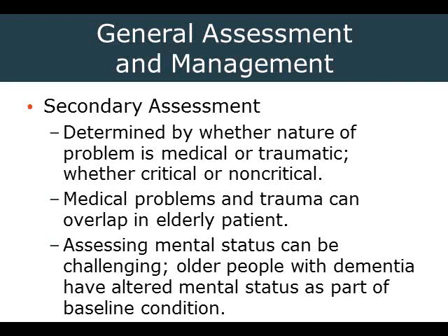Medical problems and trauma can overlap in the elderly patient. They can overlap in any patient, but it seems to be more characteristic to have somebody get hurt as a result of their medical condition. They had a syncopal episode because they are having a GI bleed, and now they've fallen down and they've hit their head or they've broken their arm.